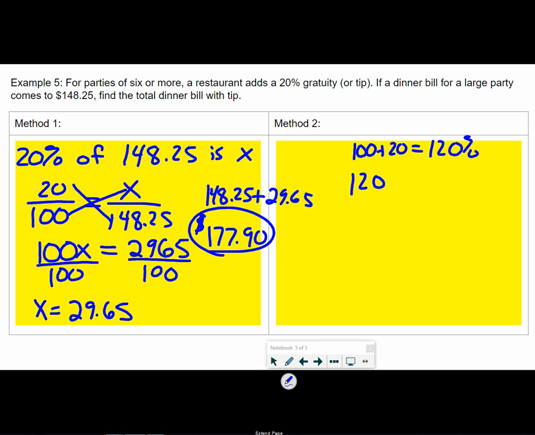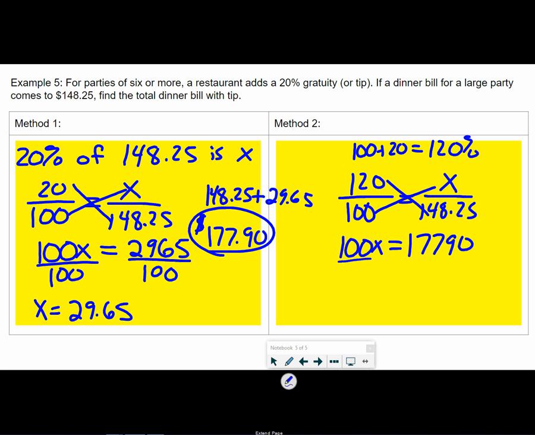So 120 over 100 equals x over 148.25. Cross multiply, I get 100x equals 17,790. Divide by 100. So my final answer is going to be $177.90. So again, same thing. Both methods give you the exact same answer.